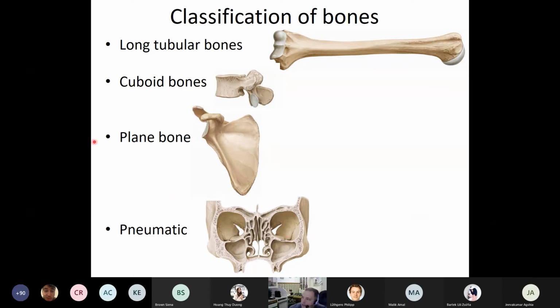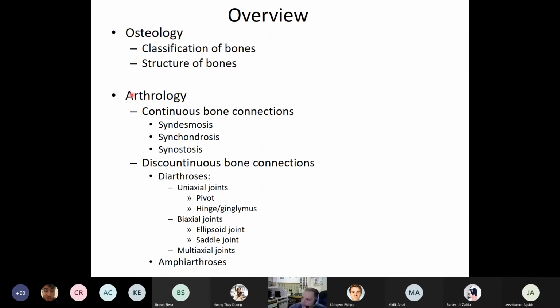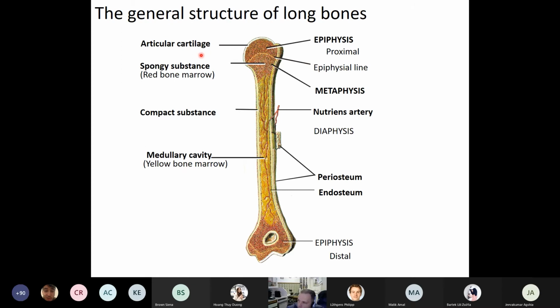Okay, so these are the types of the bones. If we go on to the next slide, then this is what I wanted to tell you about the classification of the bones. And now let's talk a bit about the structure of the bones in general.